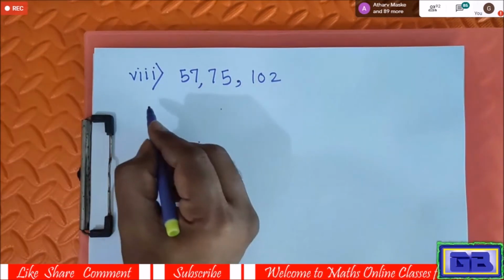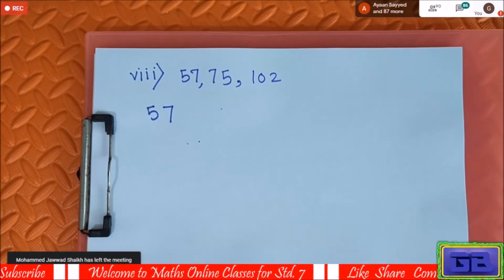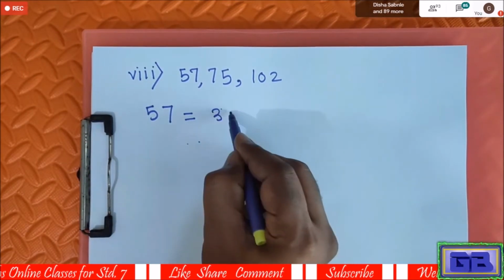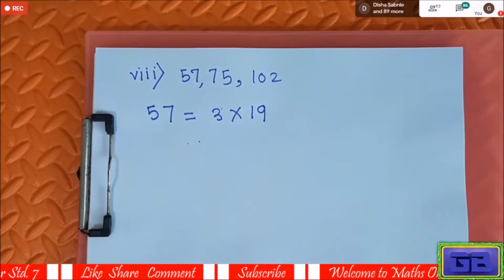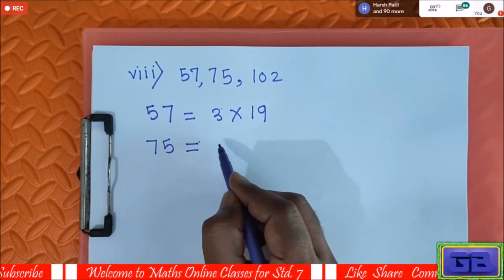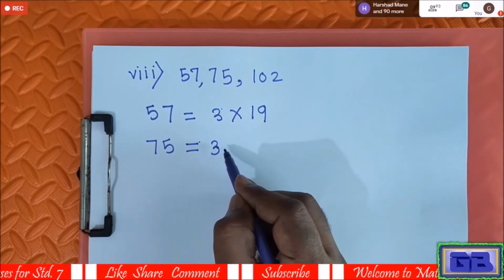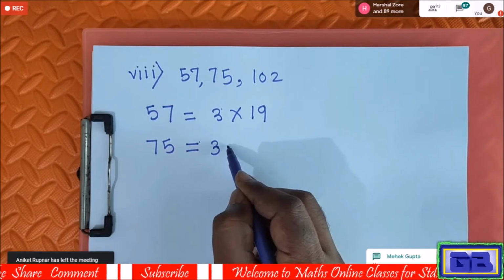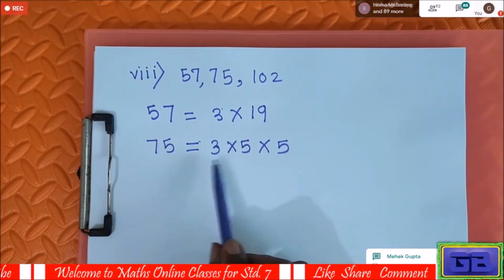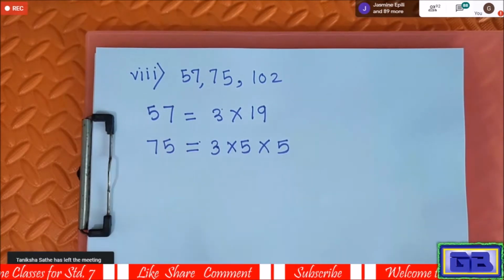Now take 57. Factors of 57: 3 into 19. 75: 5 into 15, 15 5s are 75, and 3 into 5 is 15, like this. 3 into 5 into 5. 3 5s are 15, 15 5s are 75.